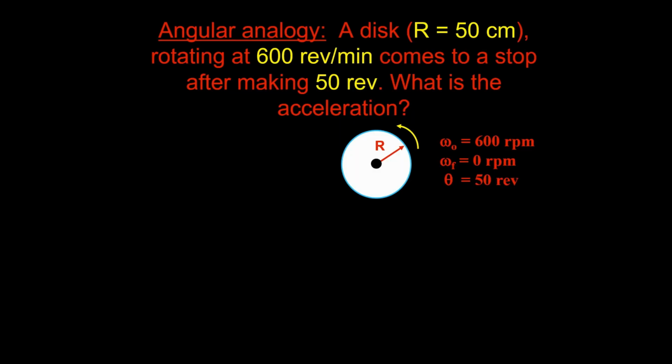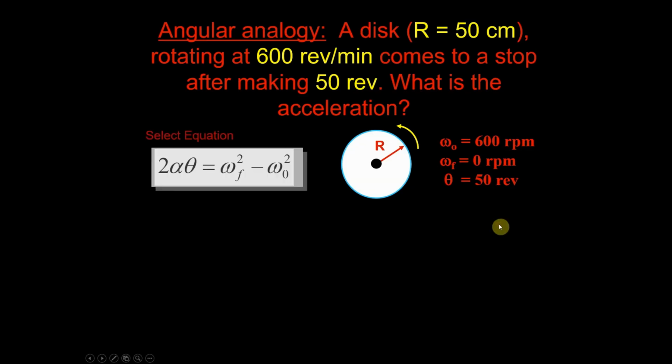It also rotates 50 revolutions in that time. So theta is equal to 50. Select your equation. So the same selection criteria we've always had when we dealt with the linear case. We know that one of these is 0 anyway, so this is going to go away. We've got 2 alpha theta is equal to omega i squared.